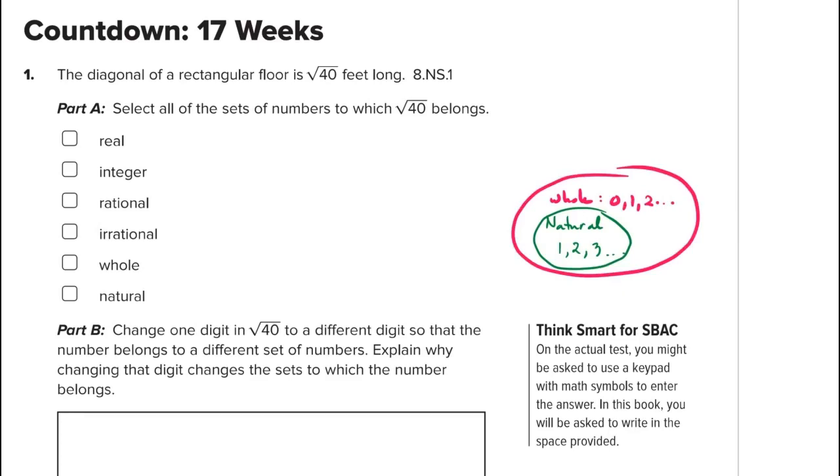Then we go bigger, then you have both sides, negative numbers: negative 3, negative 2, negative 1, 0, 1, 2, and 3. And again, there's more positive numbers and more negative numbers. Do you know what the name for that set of numbers is? It is an integer.